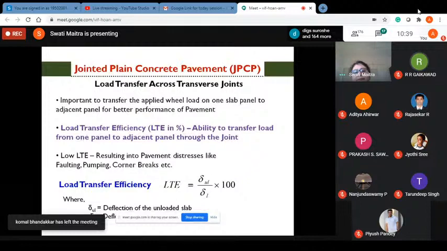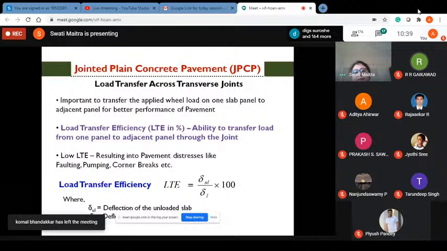When there is upward curling or downward curling, there is a gap. So these contact elements can take up those things and can very well represent the interface behavior and the curling characteristics. Now, these were some of the advanced or latest analyses using the finite element method.